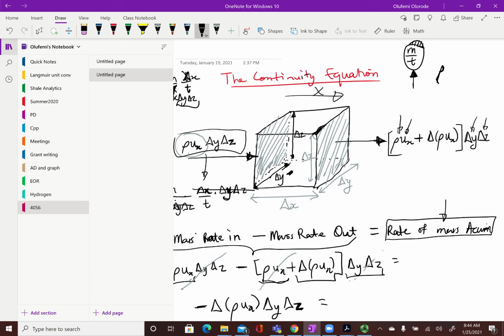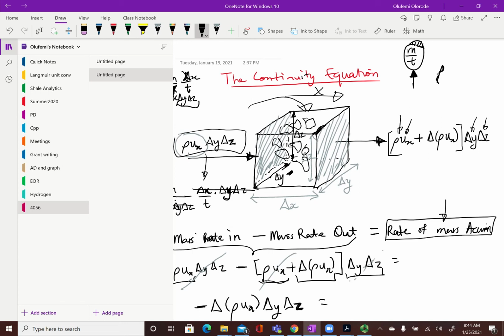But there are different types of volumes. There is the bulk volume of this cell. Then there is the pore volume, which is where the fluid is stored, right? Because we have grains in the rock. So the fluid is stored in the pore spaces.